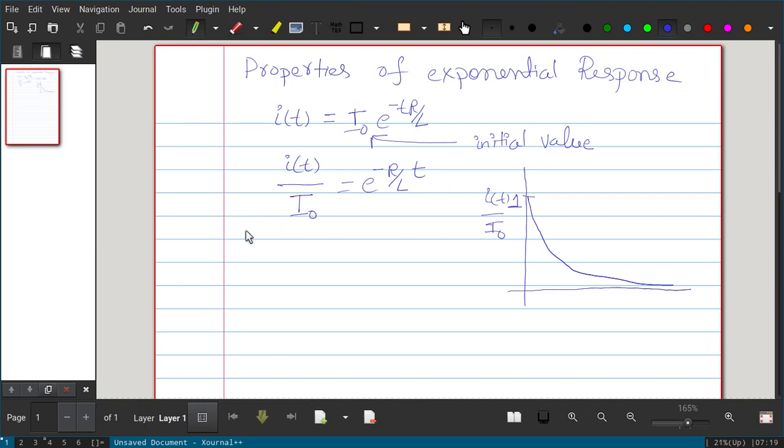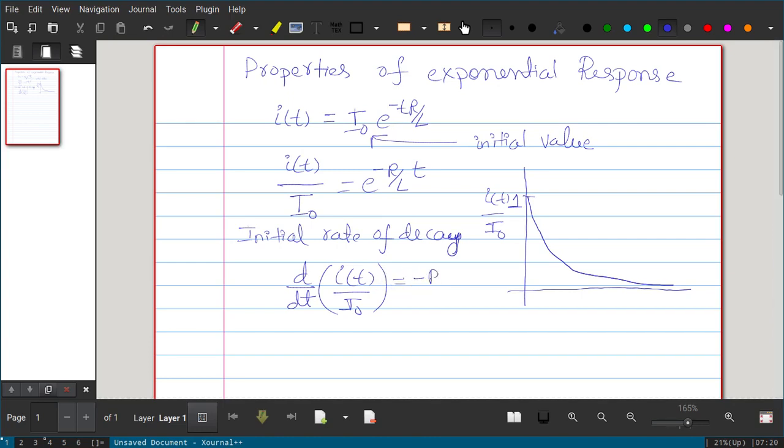Now we will calculate the initial rate of decay, that is d by dt of I of t by I naught. If you differentiate, it will be minus R by L times e power minus (R by L) t.